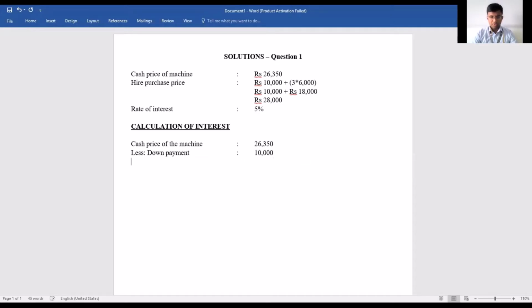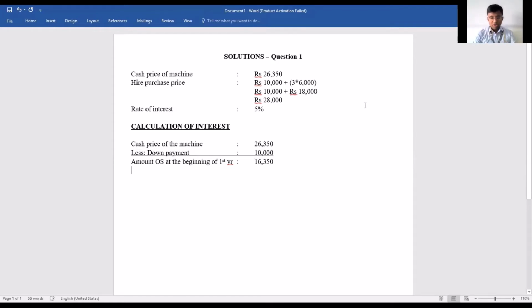When you subtract 10,000 from 26,350, it works out to be the amount outstanding at the beginning of first year. So this makes it 16,350. So 16,350 is the amount that is outstanding.